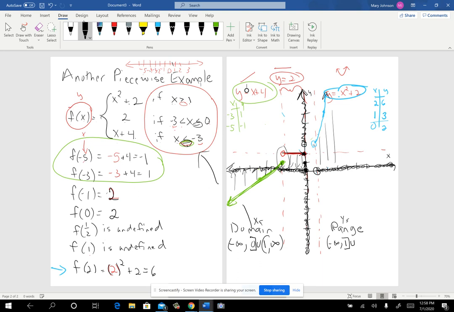Then I'm going to union that with just the number 2. So I'm going to use the set consisting of just 2, then union that with the interval from 3 to infinity. And I put a parenthesis because that had an open circle on it. Okay, so that would be the domain and the range of that piecewise function.